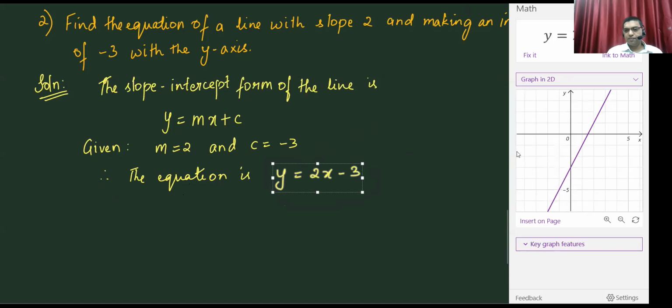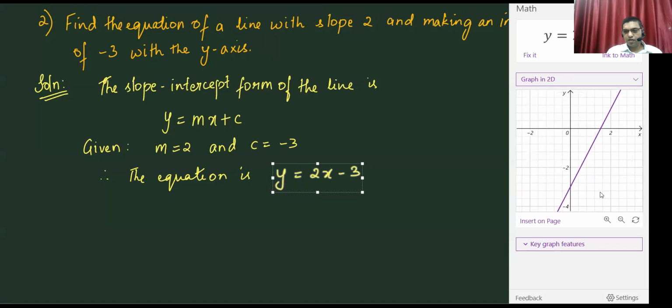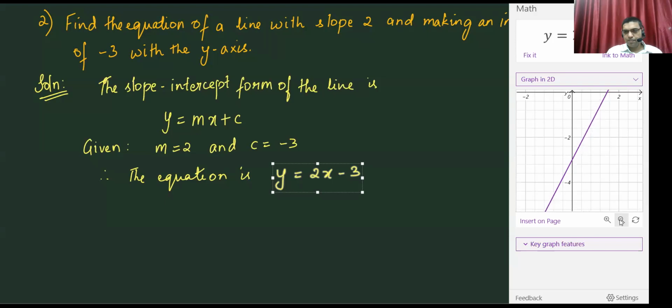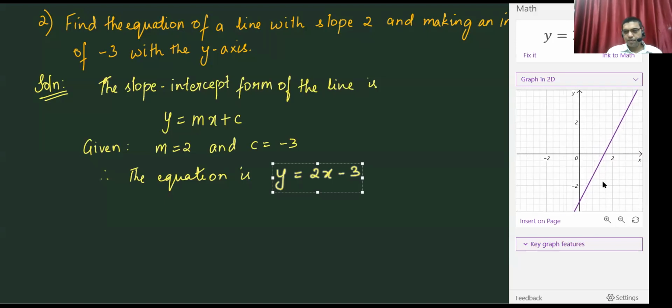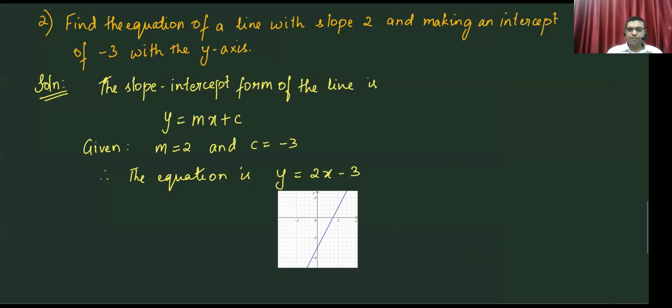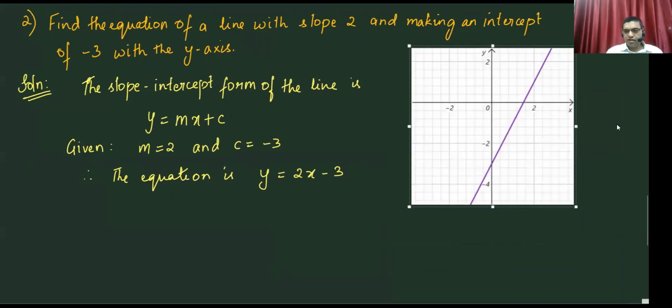See the graph. The slope is positive, slope 2, and it makes an intercept of -3 with the y-axis.